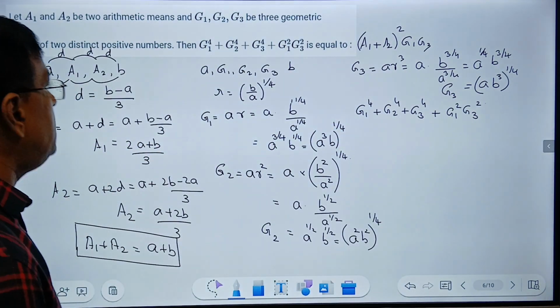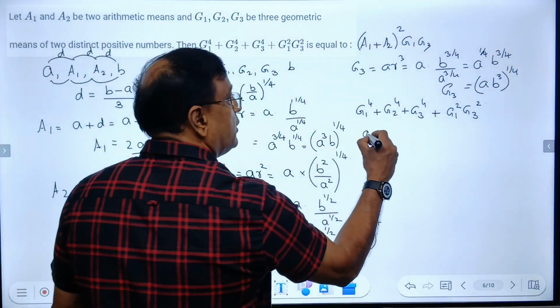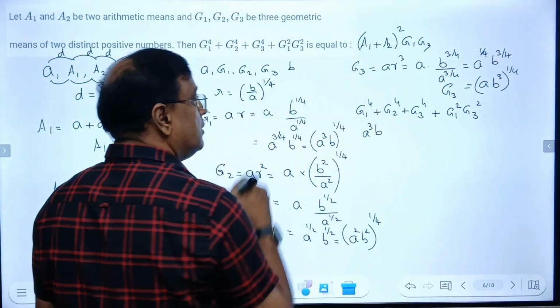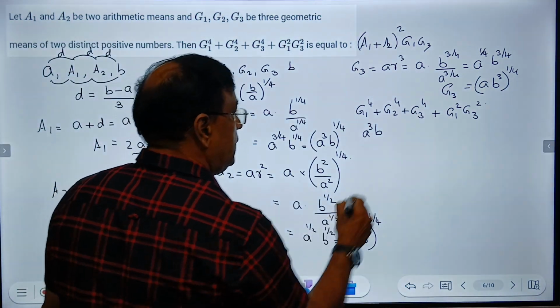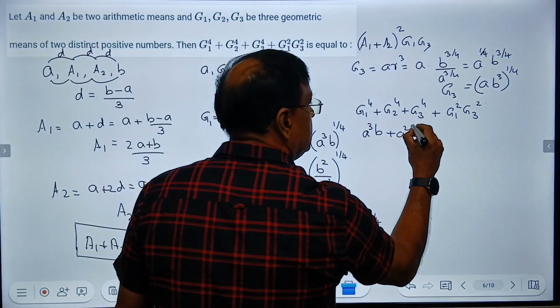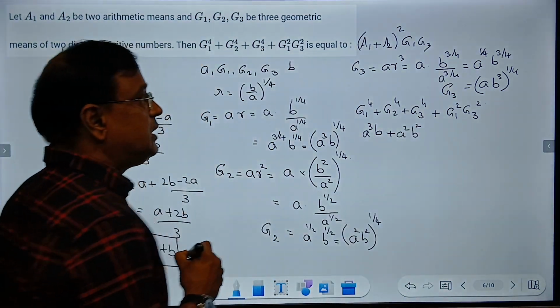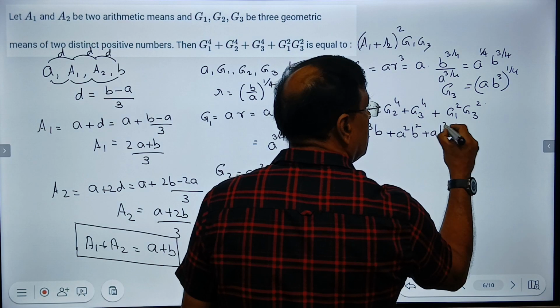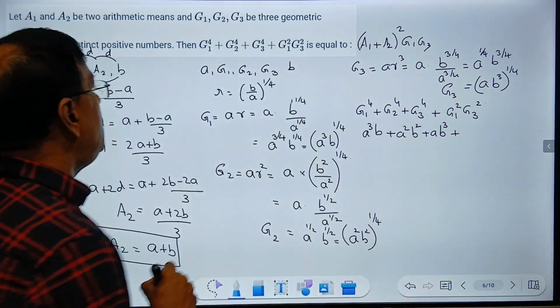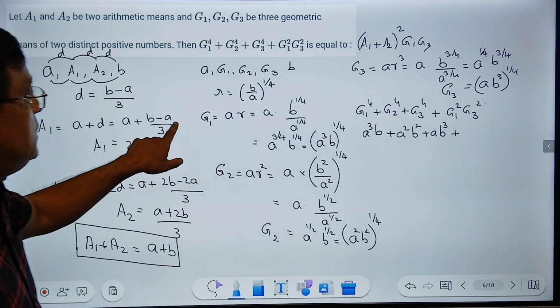What is g1 power 4? It is a cube b. Correct? What is g2 power 4? It will be a square b square. What is g3 power 4? It will be a b cube. What is g1 square?